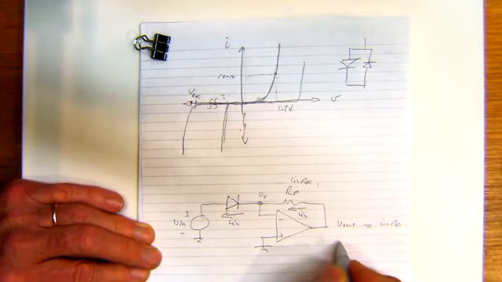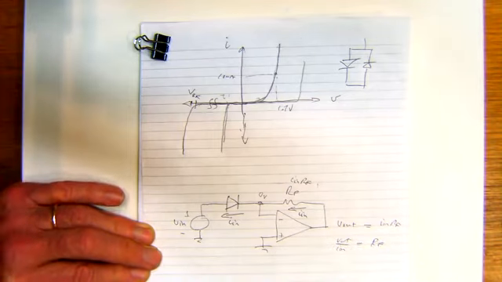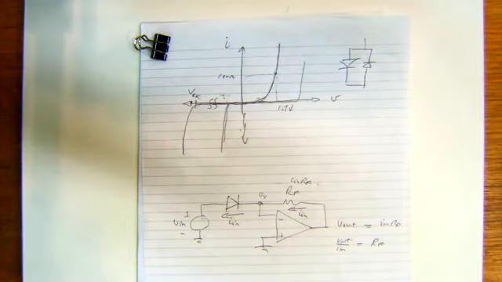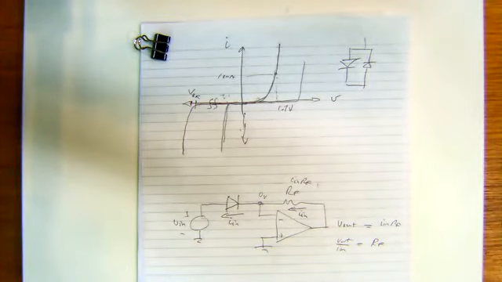That would be V out over I in equals RF. Good.